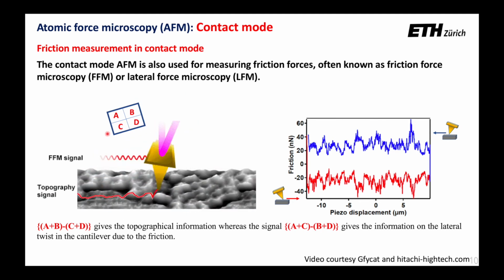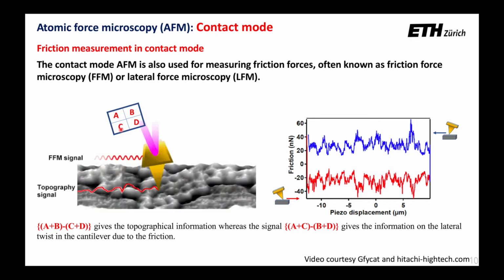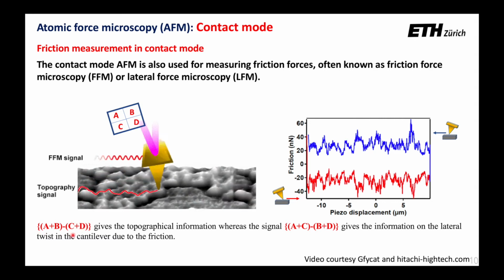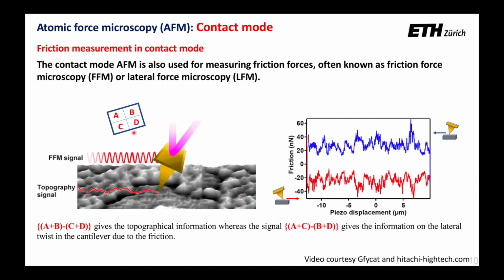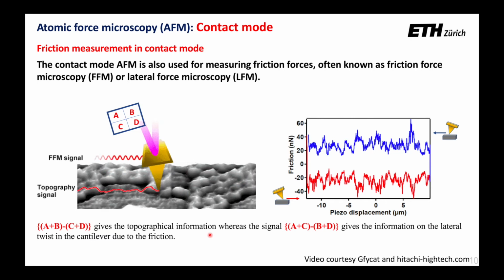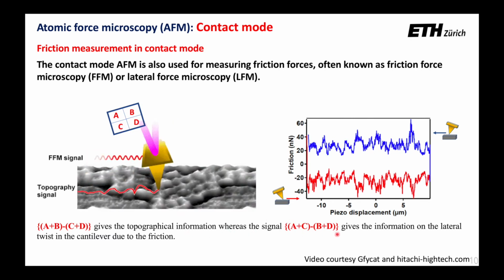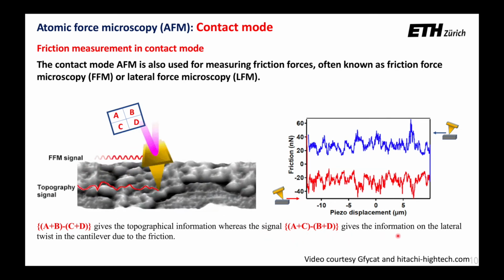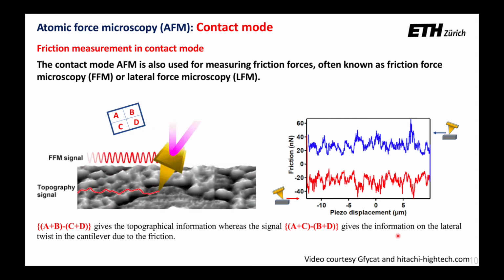If you look at the photodetector, it usually has 4 quadrants A, B, C, D. The difference between the upper two quadrants of the detector gives the topographical information, which is the vertical deflection, whereas the signal from the other two sides of the photodetector gives the information on the lateral twist in the cantilever due to the friction.